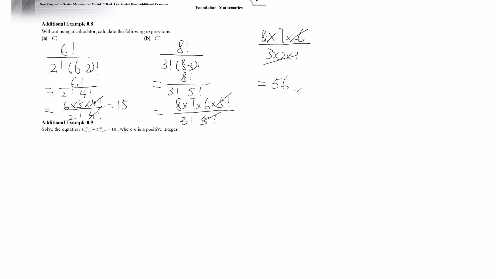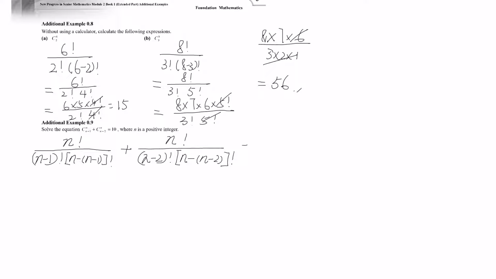We just follow the definition. n factorial over (n minus 1) factorial, taking r to be n minus 1, and then the second term, n factorial divided by (n minus 2) factorial, equals 10.